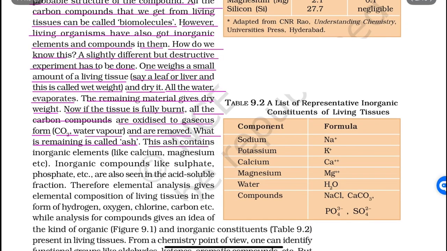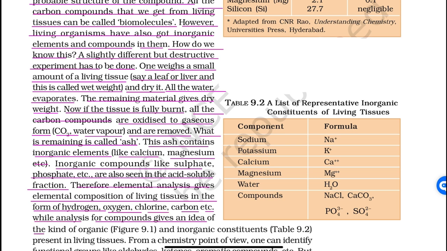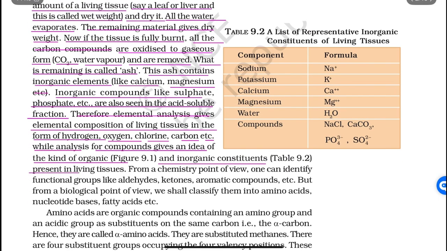This ash contains inorganic elements like calcium, magnesium, etc. Inorganic compounds like sulfate, phosphate, etc. are also seen in the acid soluble fraction. Therefore, elemental analysis gives the elemental composition of living tissues in the form of hydrogen, oxygen, chlorine, carbon, etc. While analysis for compounds gives an idea of the kind of organic and inorganic constituents present in living tissues.